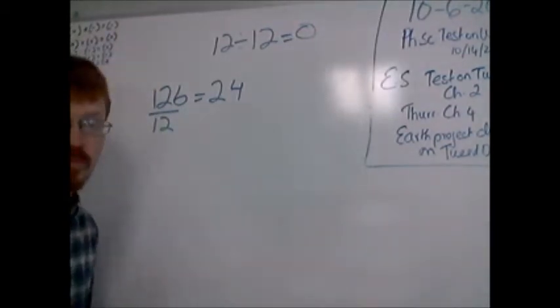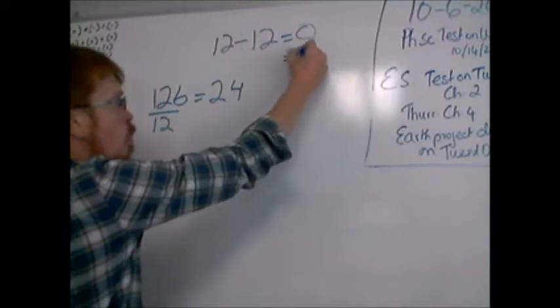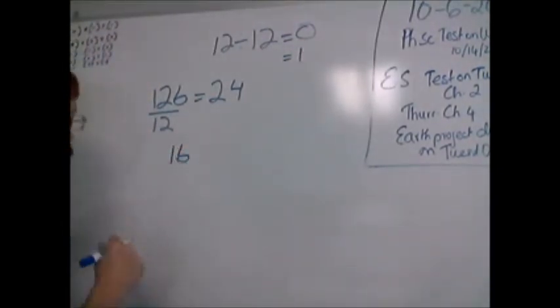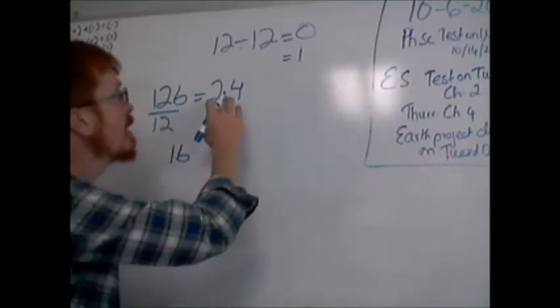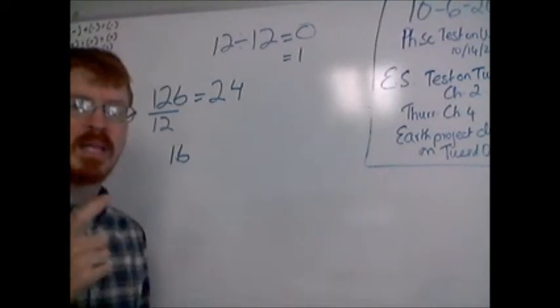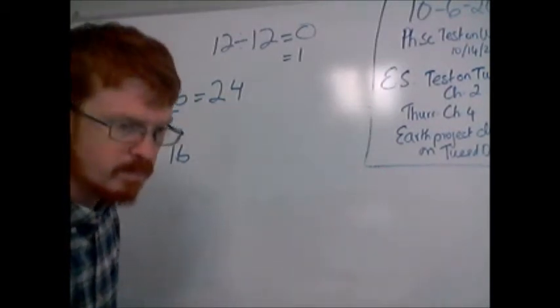That's not true. 12 divided by 12 is 1. So that makes this a 1b. Now, when we're adding and subtracting, yes, we want to make this number, the coefficient, a 0. But in this case, we're making it a 1, so keep that in mind. It's different with multiplication and division.